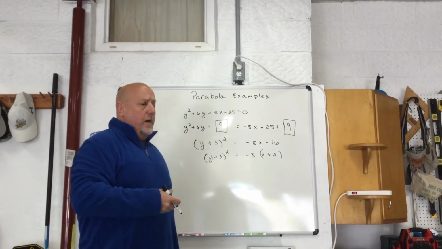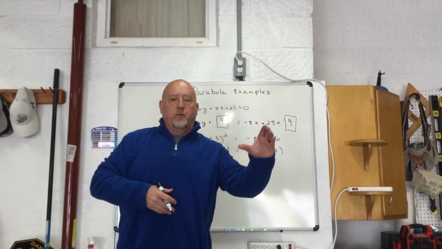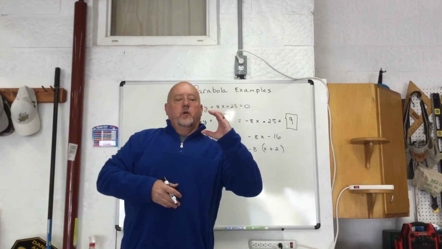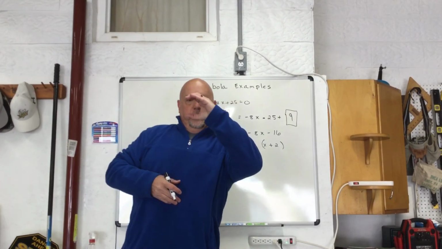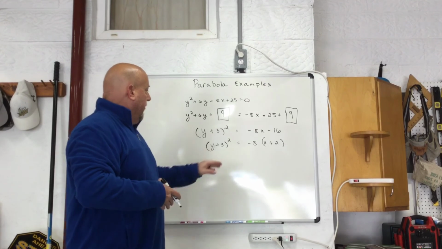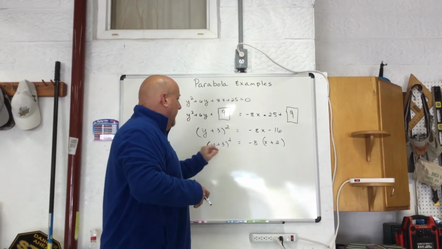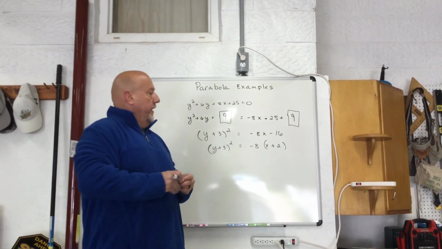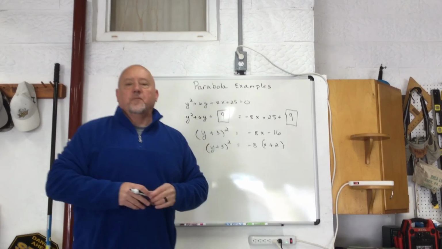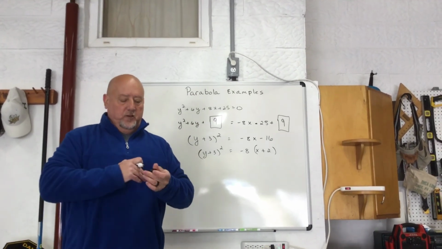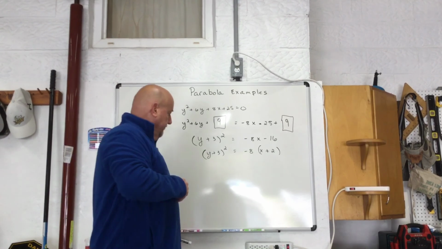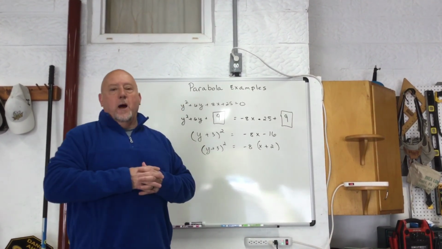We can tell this parabola is going to have a horizontal axis of symmetry, and it's going to be shaped like this, okay? And the vertex is going to be (-2, -3). And then finding the focus and directrix will be the same as we did in previous lessons. Boom!